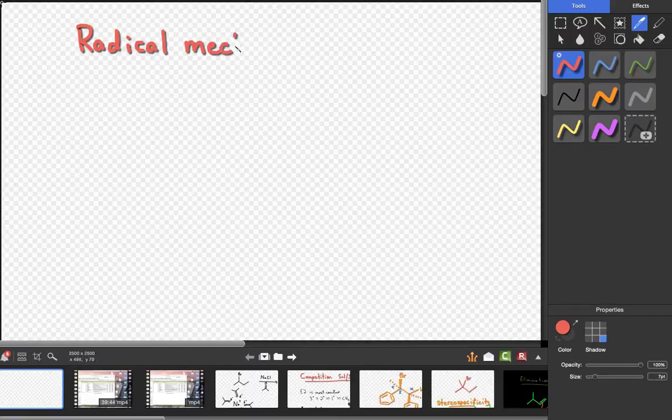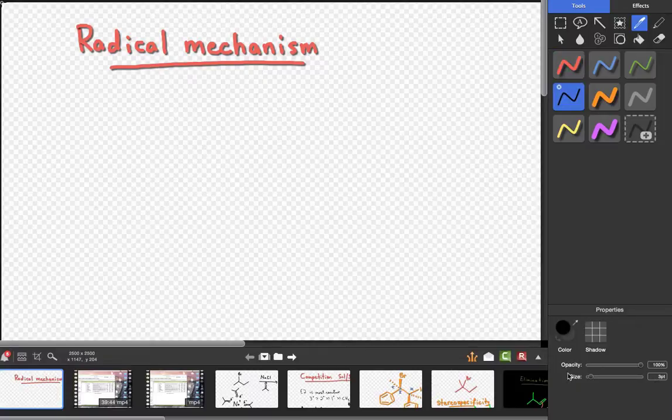Everything else that we've discussed to this point has been neatly classified as a polar mechanism. And really, the difference is in a polar mechanism, bond cleavage is heterolytic, bond making is heterolytic, whereas in radicals, it's one electron at a time. And let me illustrate what I'm talking about.